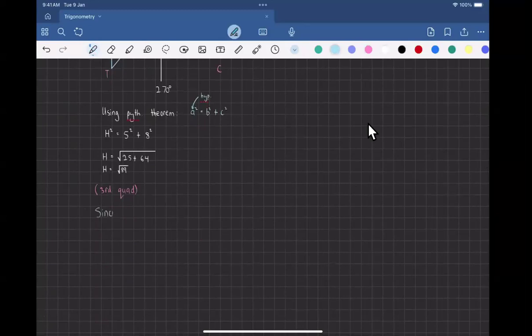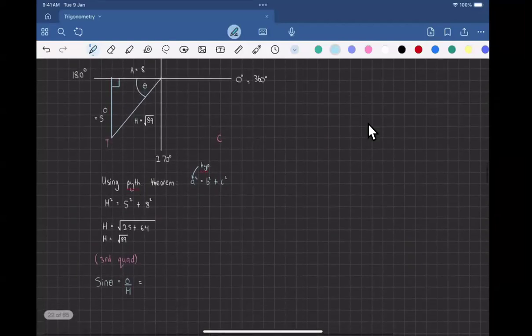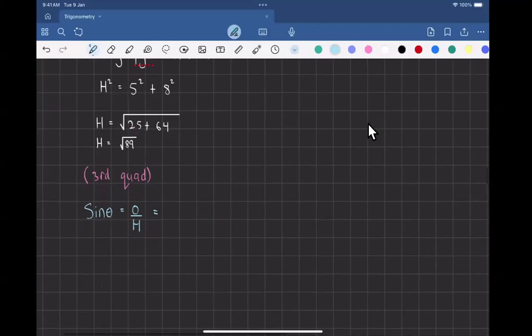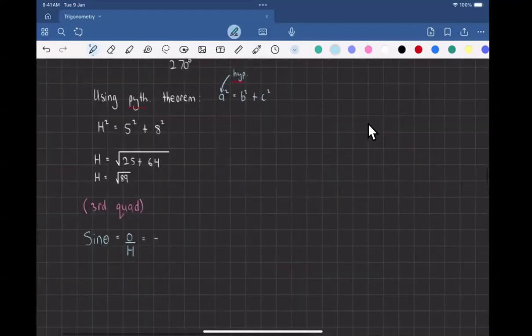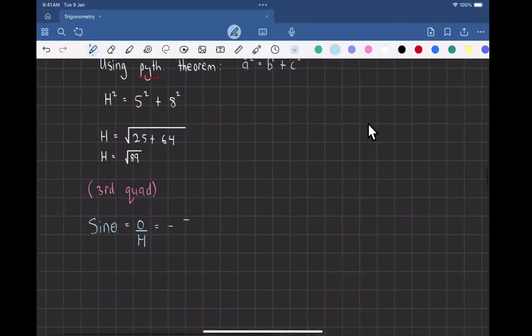So sine theta is equal to opposite over hypotenuse. That'll be equal to the opposite, which is 5, over root 89. But notice I'm going to put a negative sign in front. You understand why? Yeah, because it's in the third quadrant.